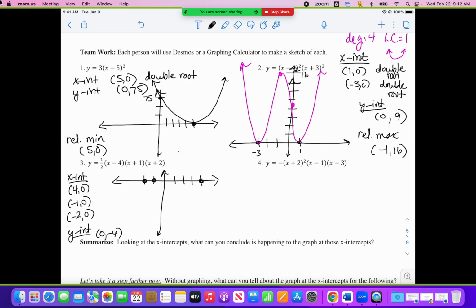And on this one, I had a relative max of -1.52, 0.69. And I had a relative minimum of 2.19, -12.1.